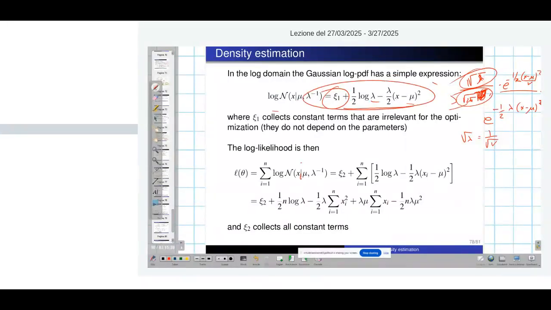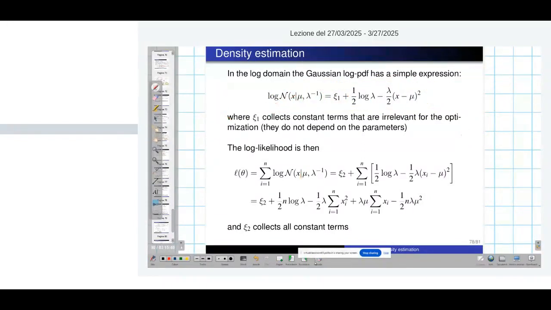We want to find a maximum of a sum of these functions with respect to lambda and mu. So additive terms that do not depend on lambda and mu will shift our objective function, but the maximum will always be in the same position. So we don't care what the real value of these constants is.